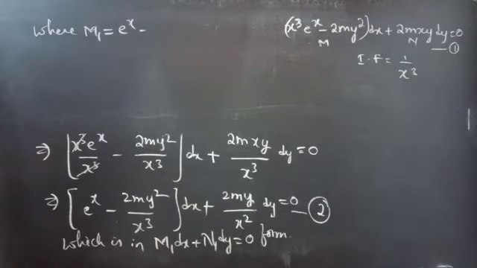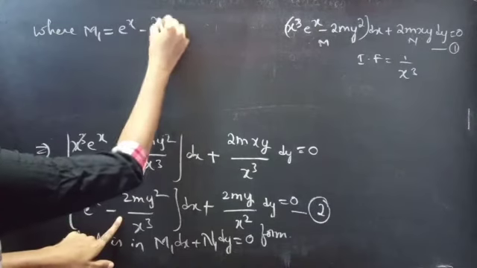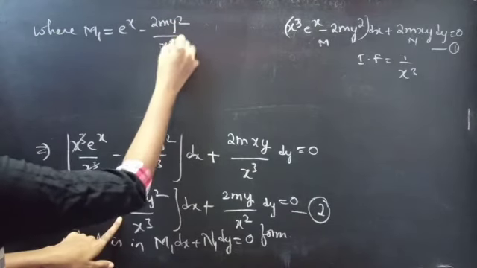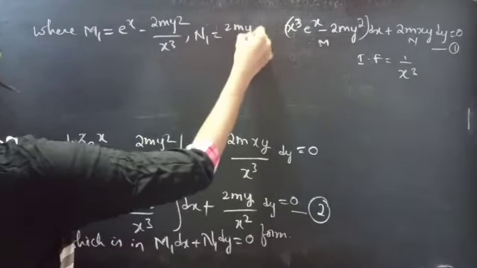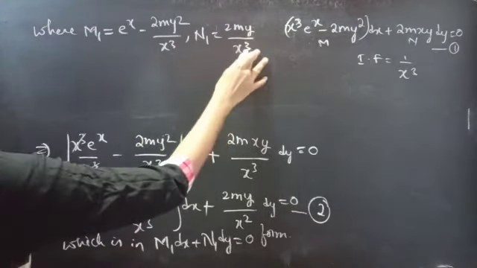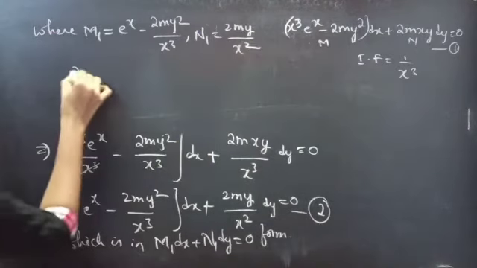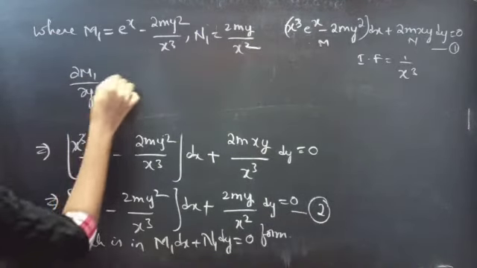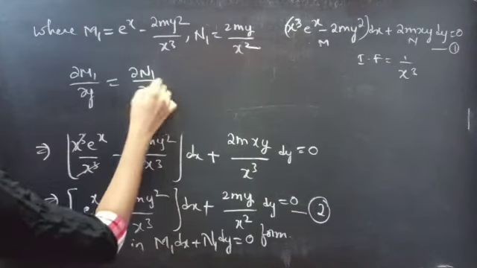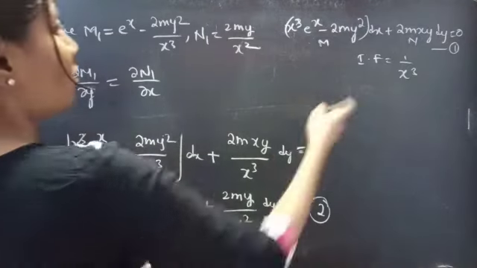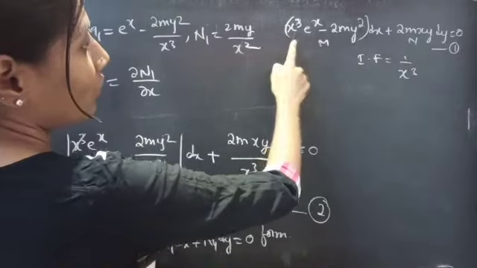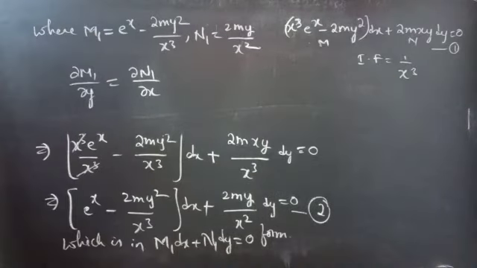And n1 equals 2my by x square. So if the partial derivative of m1 with respect to y equals the partial derivative of n1 with respect to x, then we can say that the reduced equation is an exact equation, that is, the equation obtained from multiplying the given equation with the integrating factor is an exact equation.